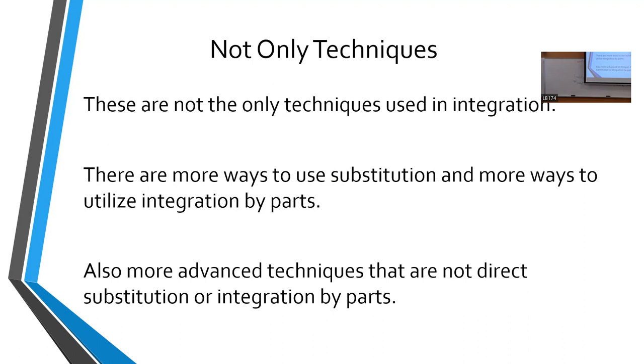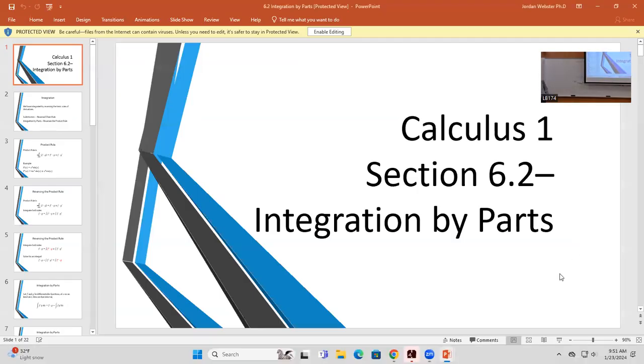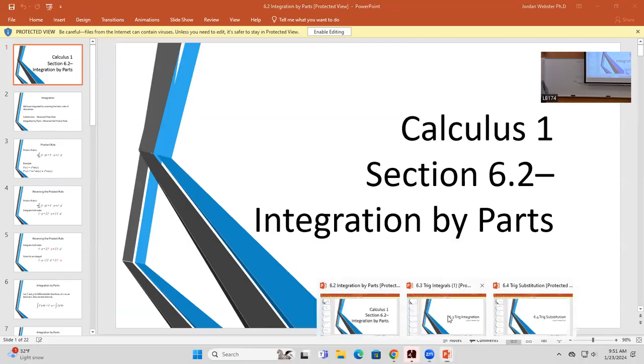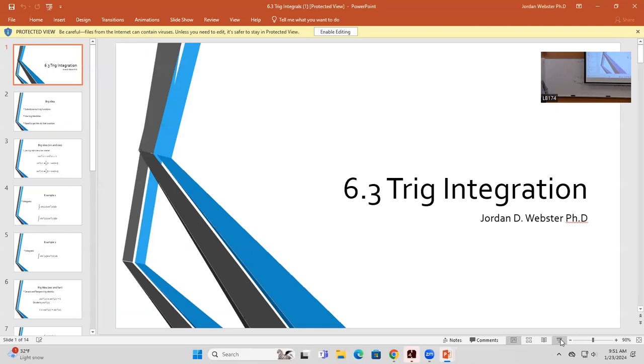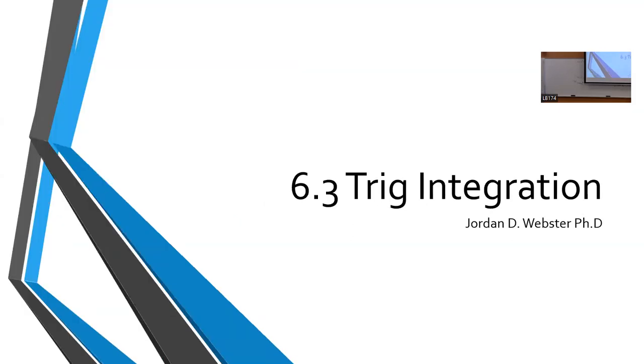But for the rest of chapter 6, we're just going to keep adding on to our techniques of how to integrate. We're going to take some other techniques and utilize those to help us integrate.